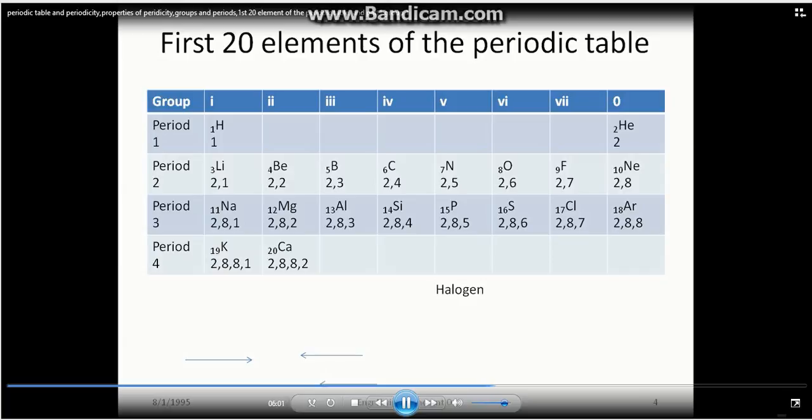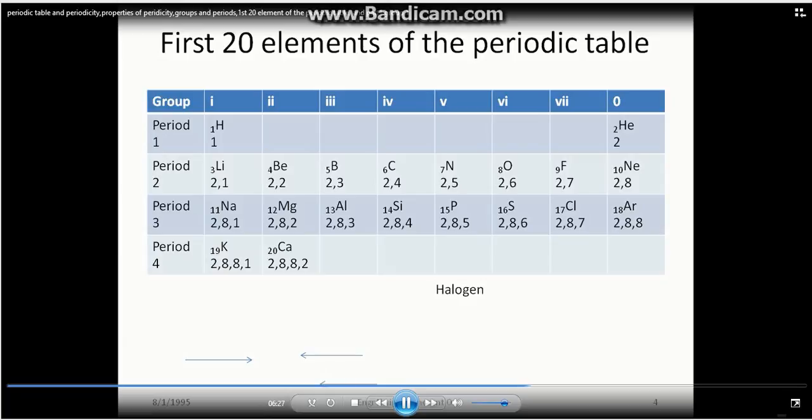Group 5 period 3 we have phosphorus. Group 6 period 3 we have sulfur. Group 7 period 3 we have chlorine. Group 0 period 3 we have argon.